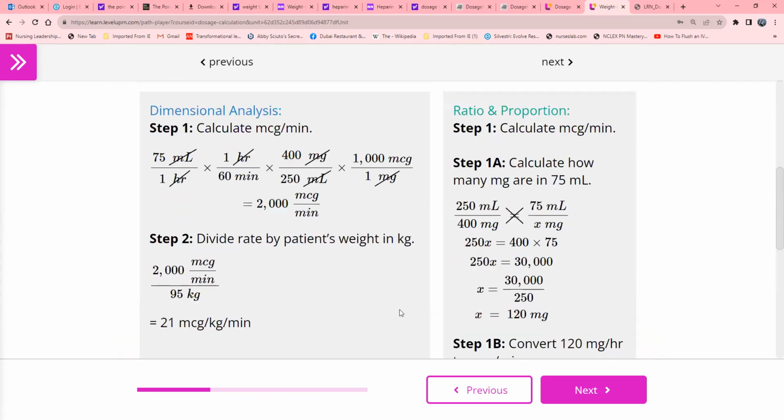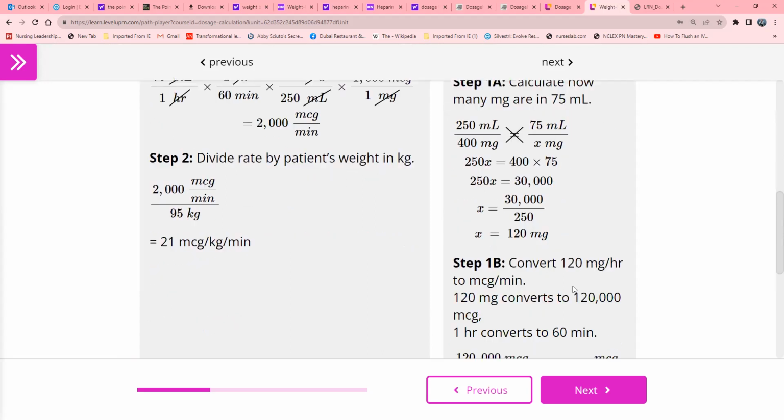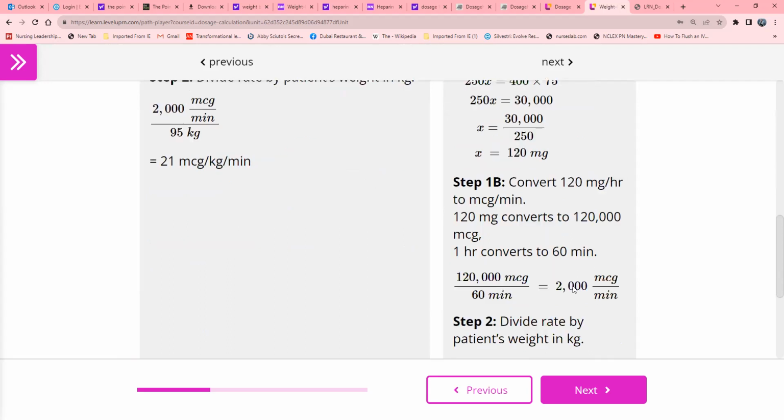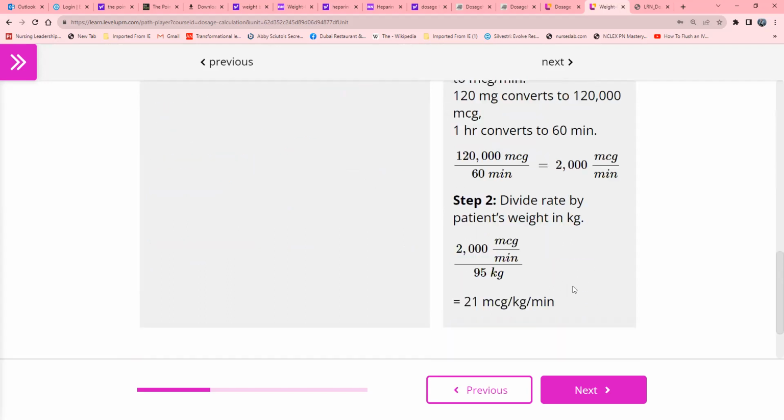'Cause I got to that 2000, but something I didn't do right there then. Did that part. I took the 75, divided that. Okay, they kept it in milligrams. That's the part I didn't do.